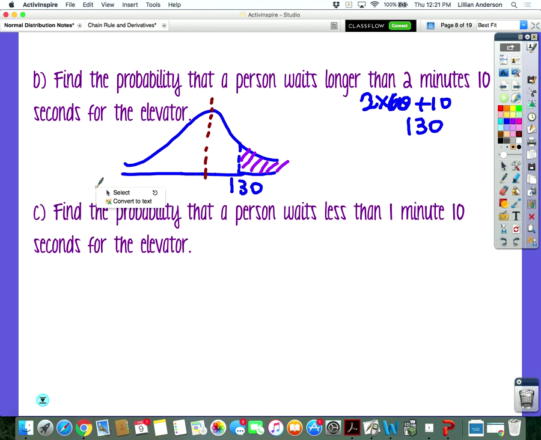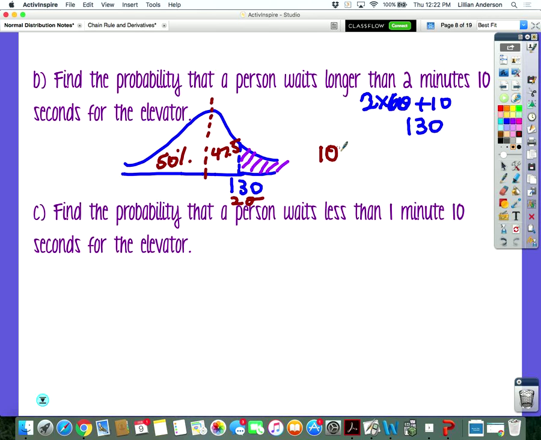This is 50%, because always to the left of the mean is 50 and to the right of the mean is 50. What is the percentage between the mean and 2 standard deviations? 47.5. So we know what all of this probability is to the left of 130. To find it to the right, we just subtract it from 100.